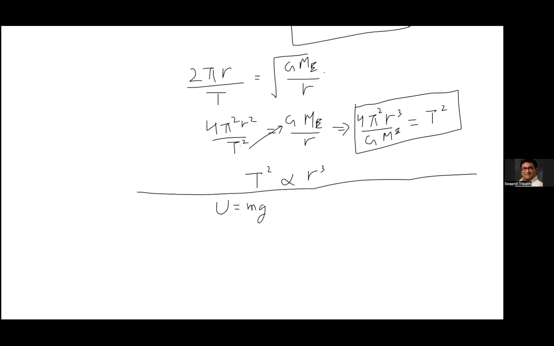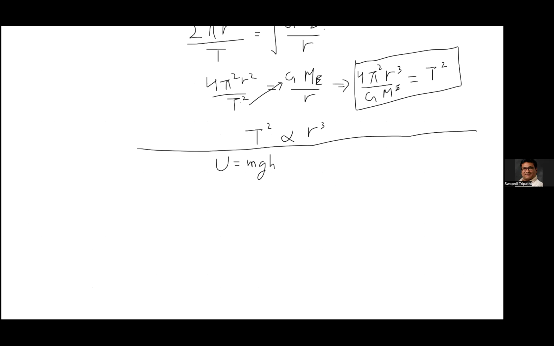But when we start looking at the scale of the solar system, or we are going quite a bit of distance from the Earth, then the expression for gravitational energy becomes minus GM_E m over r.